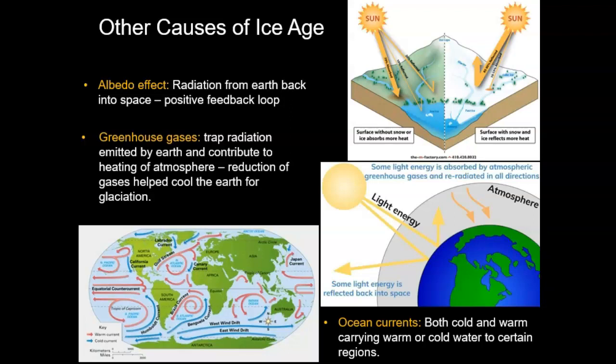Certain materials and colors will re-radiate the energy back to space better than others. Some of them will absorb this energy, some of them will absorb it to a lesser amount, some of them will re-radiate it greatly.